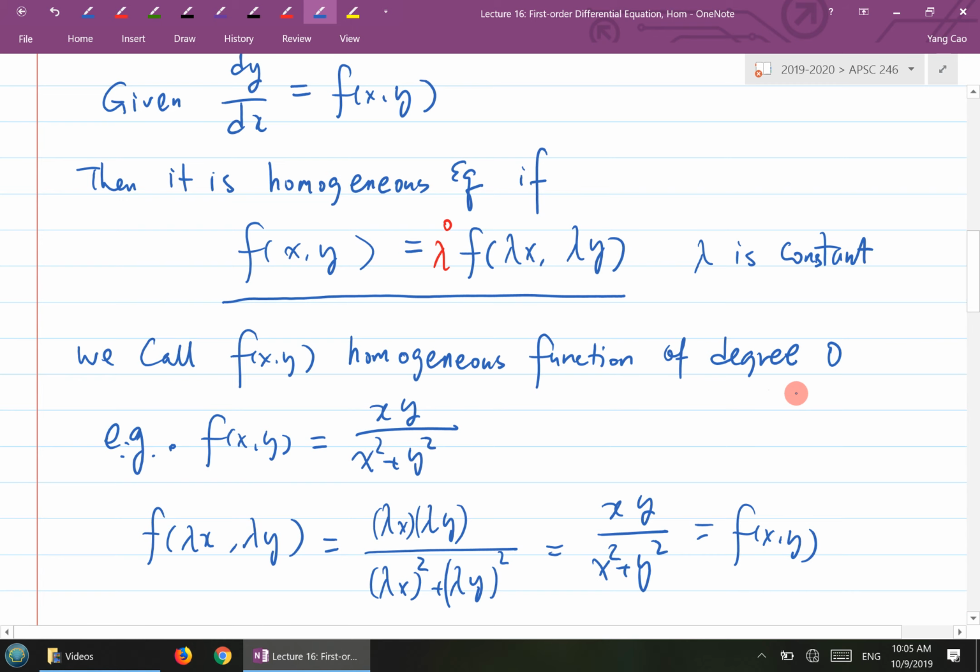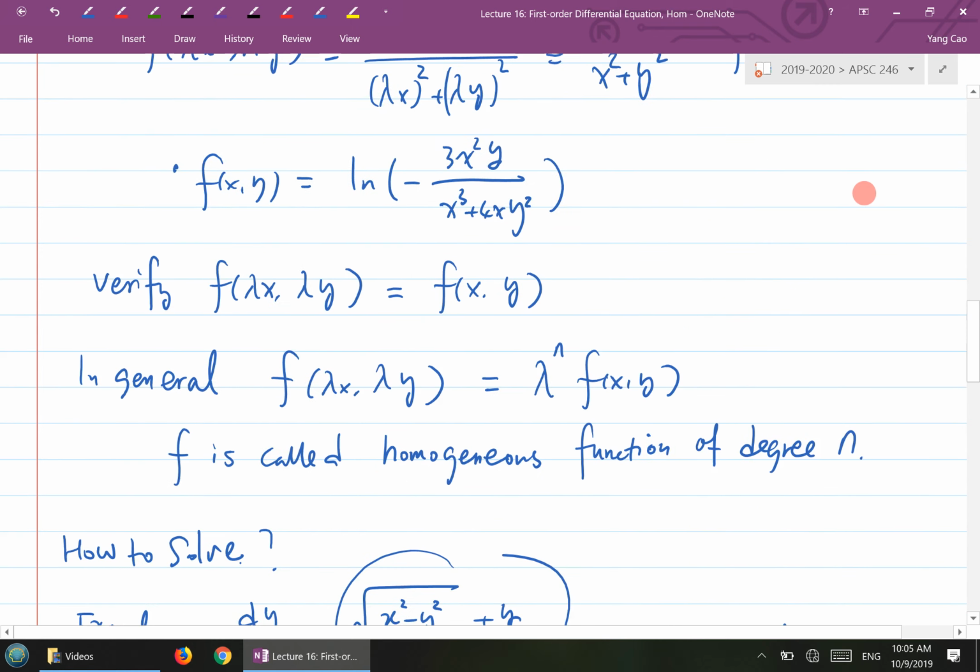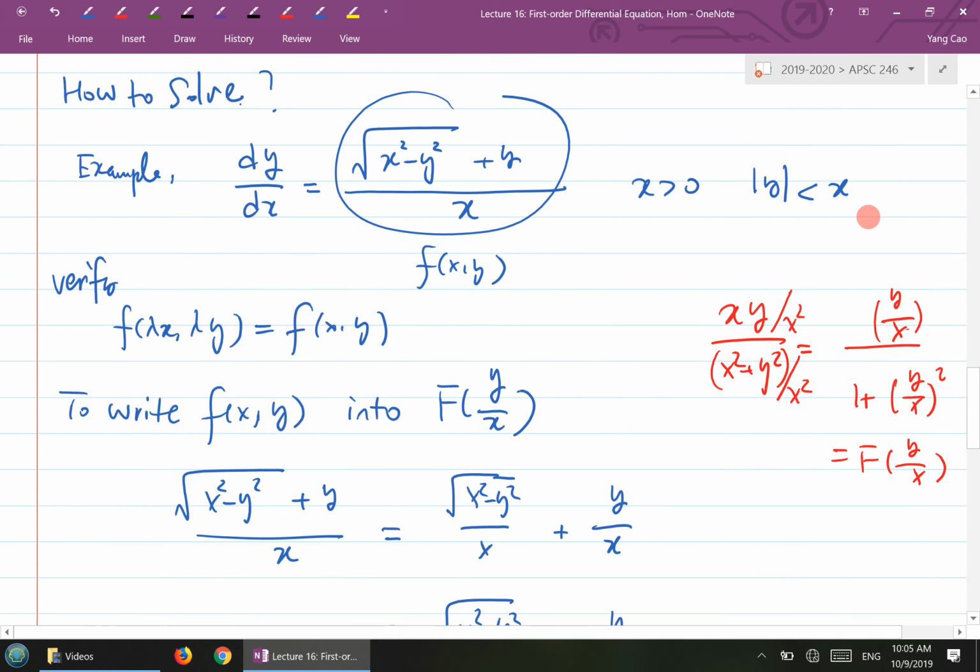And once you identify this, the next step is to write this function f into a function of y over x. And to do that, you do need to manipulate. You may have to divide the denominator and numerator by a common term, and manipulate things, move around, and you get everywhere y over x except a certain constant, which is 5.